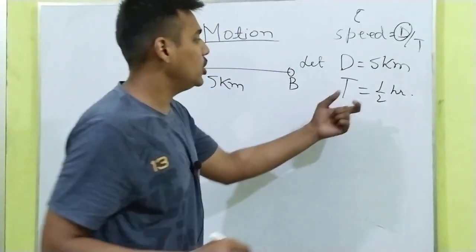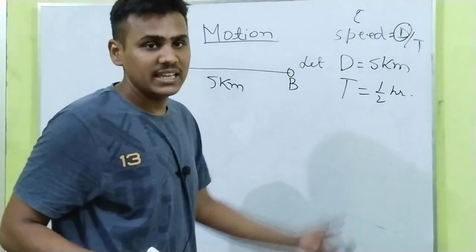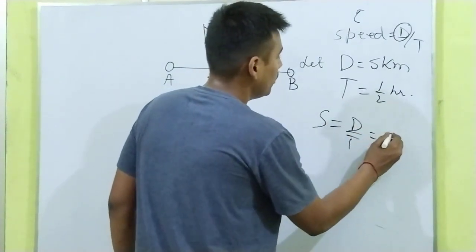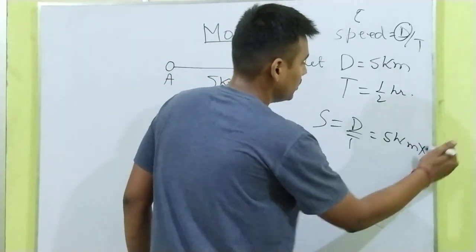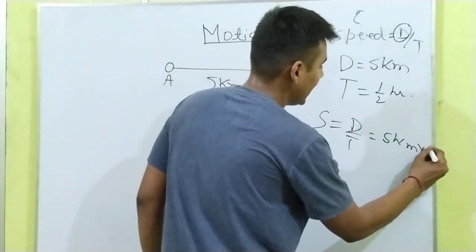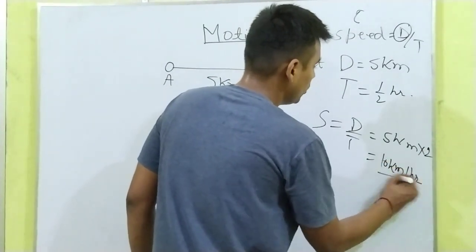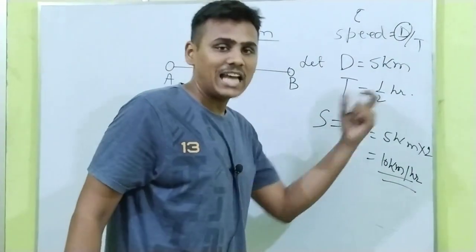Then what will be your speed according to this example? Speed is equal to distance by time, 5 kilometers by 1/2 hour. Bringing the 1/2 to the upper side, that is 10 kilometers per hour, is your speed to cover this distance in the given time period.